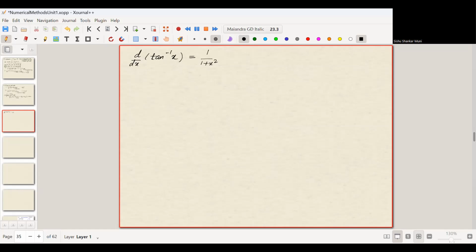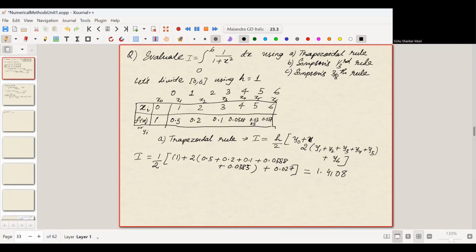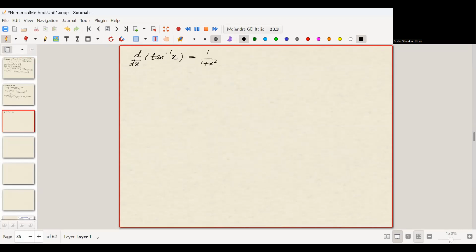Okay. So now you know. So how will you solve this analytically? Integration 0 to 6, 1 by 1 plus x squared dx is tan inverse x, 0 to 6. That is tan inverse of 6 minus tan inverse of 0. What's the value you will get?